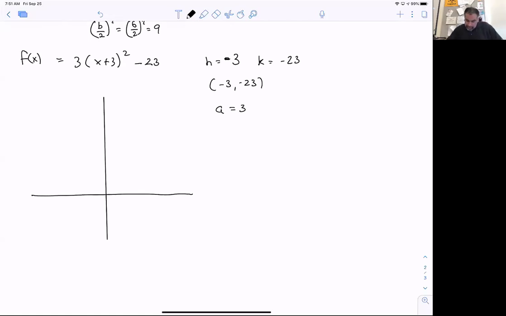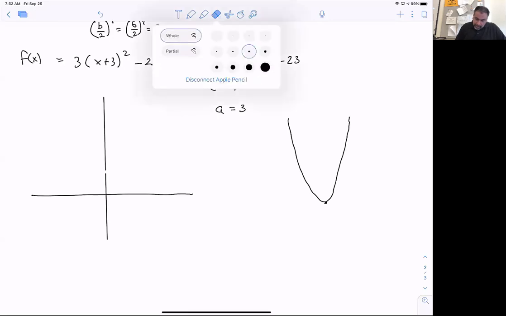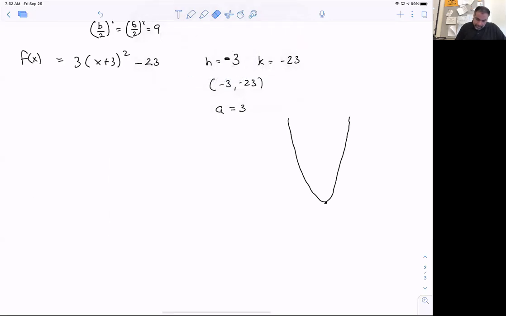Okay, so if this is the general shape of the parabola, if this is x squared, basically we know that we've got to move this vertex point to the point negative 3, negative 23. So when we do that, and let me just reset my axes here, we will be able to come up with the graph of this function.